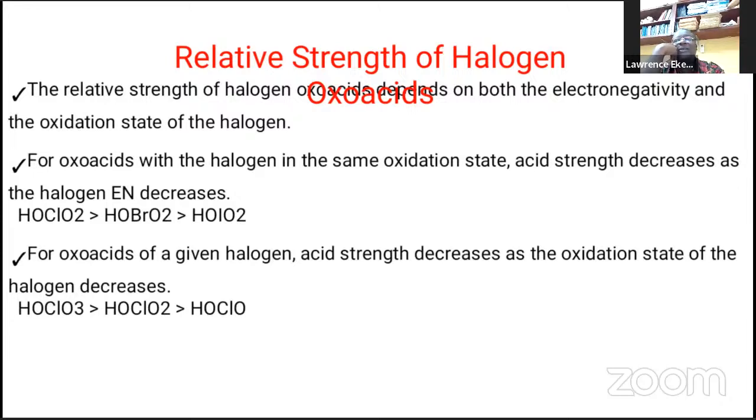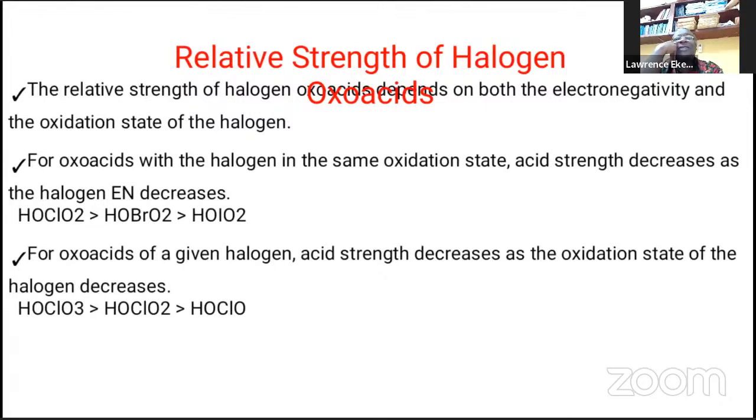We'll be discussing the oxyacids of the halogens. The strength of these oxyacids depends both on the electronegativity and the oxidation state of the halogen. Remember, we said the electronegativity of the halogens decreases down the group. And the higher the oxidation state, the stronger the oxyacid.